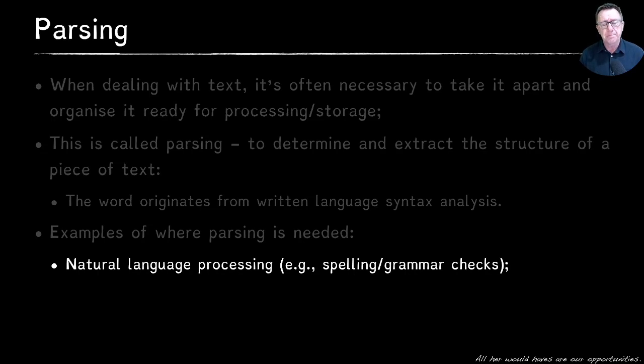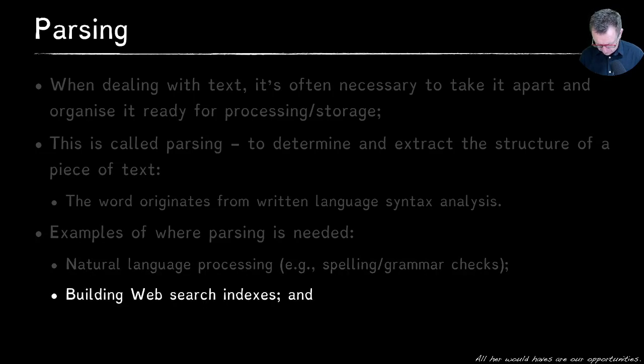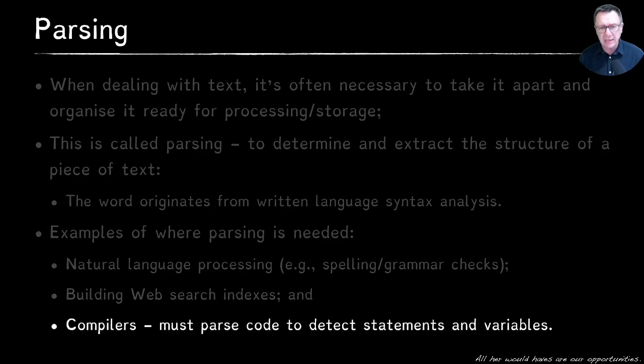And you know it, particularly in your native tongue, when someone says something slightly different to how you're used to, you hear that and you go, well, that was a bit strange, because your brain has parsed it and it goes, this isn't making full sense. Web search indexes get parsed, okay? Compilers parse the code that we write to check it for things like syntax.